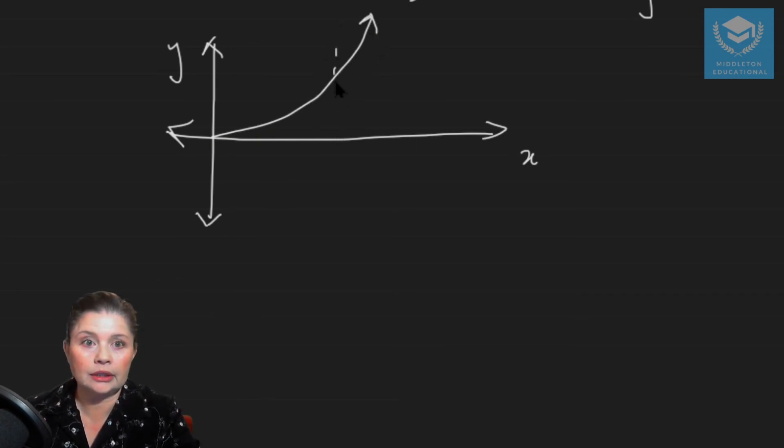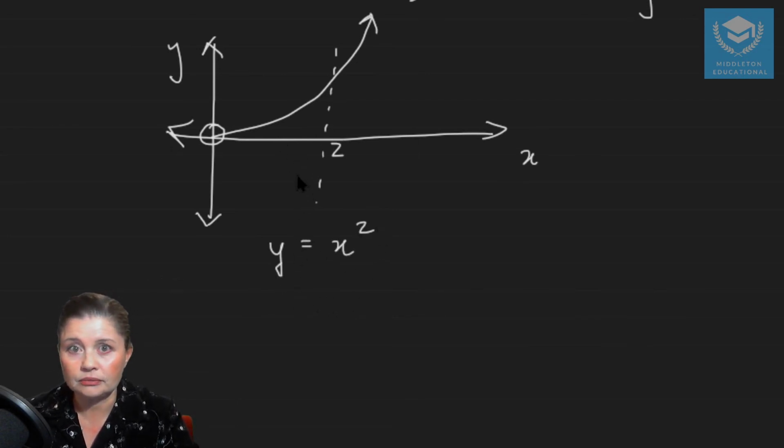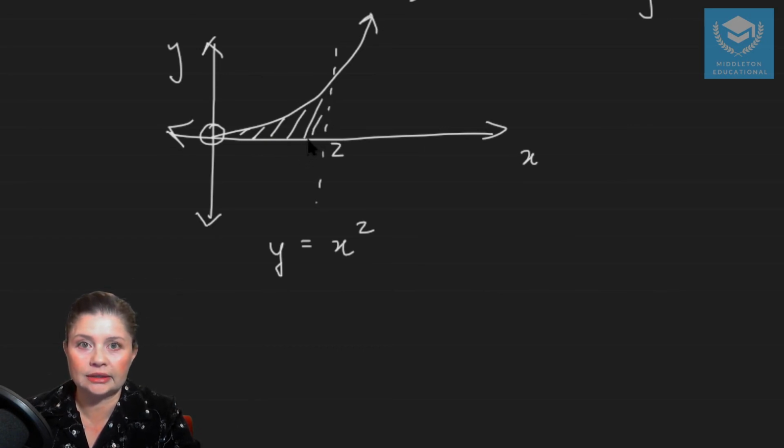We're looking between 0 and 2, and our function is y equal to x squared. And we want to find this piece here, the volume that that is going to create. So if we were to rotate this, we want to find what that volume is.